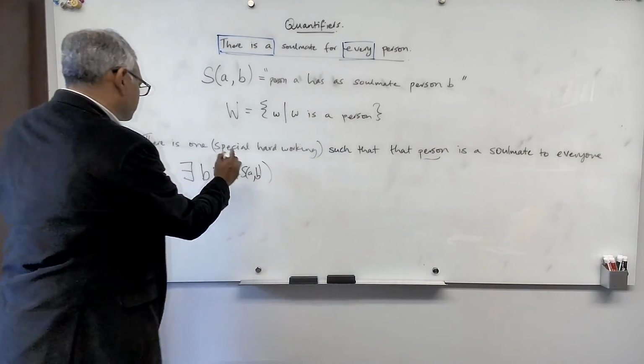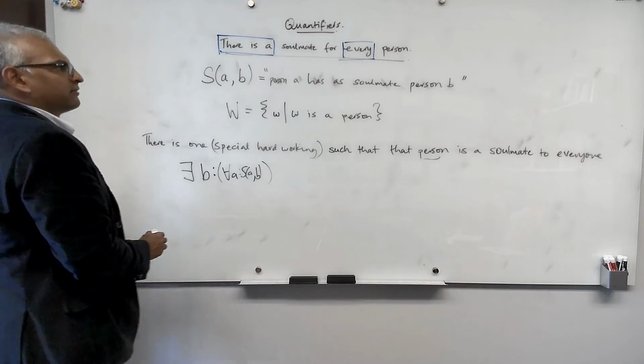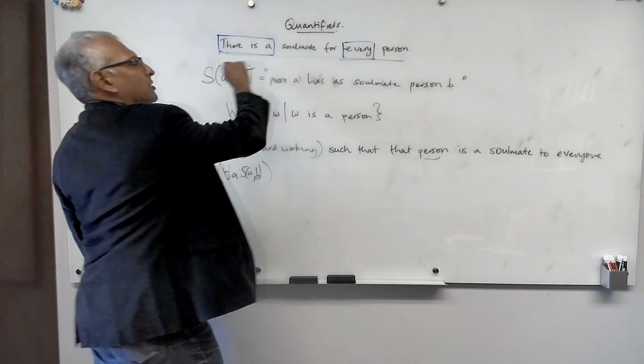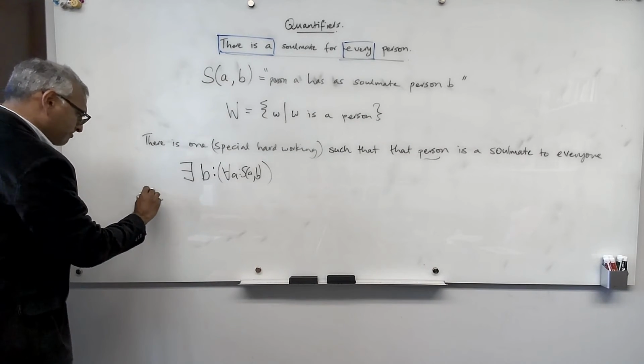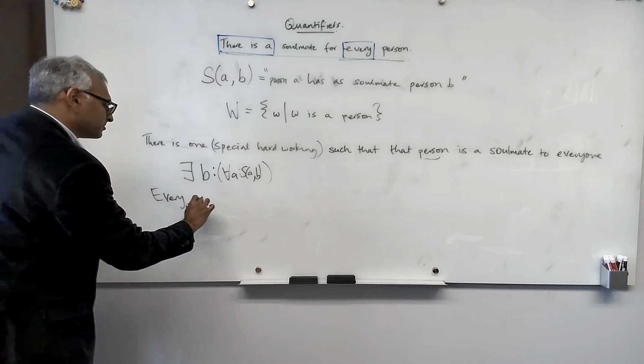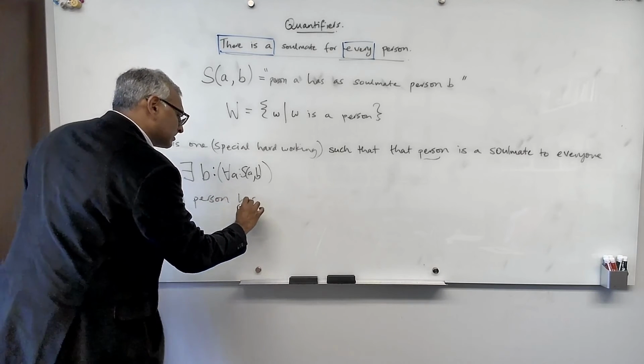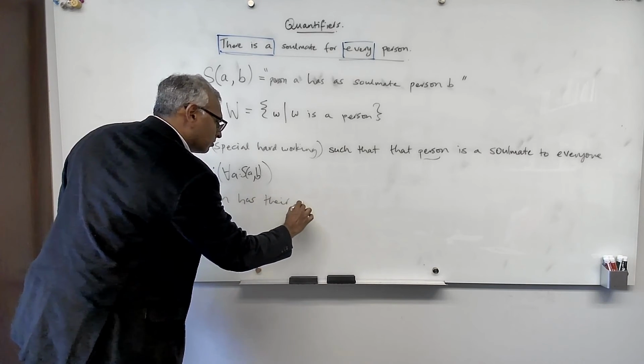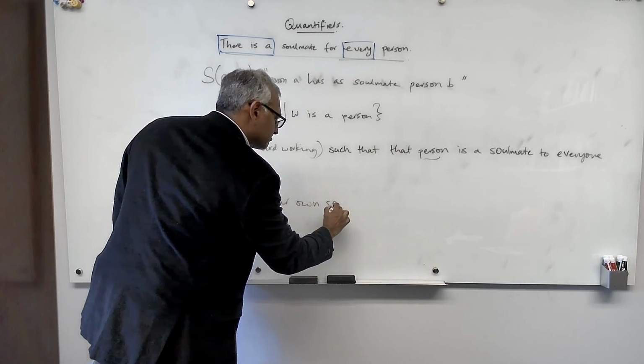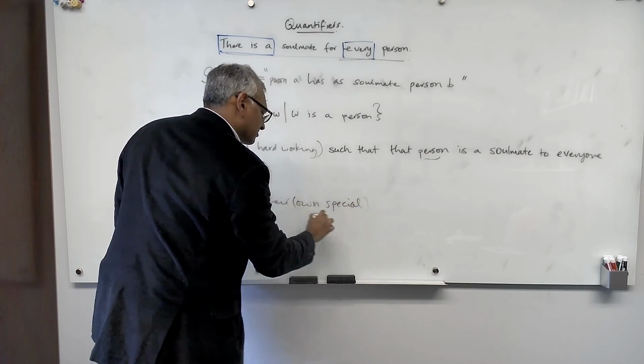So what's the other interpretation? Okay. The other interpretation is that every person has their own soulmate. So every person has their own special soulmate.